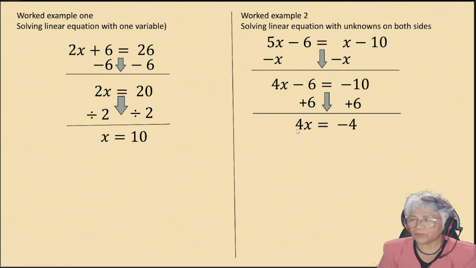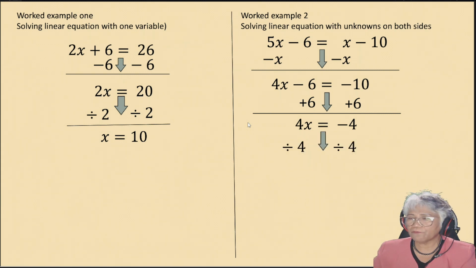This 4 here needs to be removed as well. So we're going to get rid of that by applying the opposite operation. The operation here is multiplication, so we're going to apply divide. Divided by 4 and divided by 4.